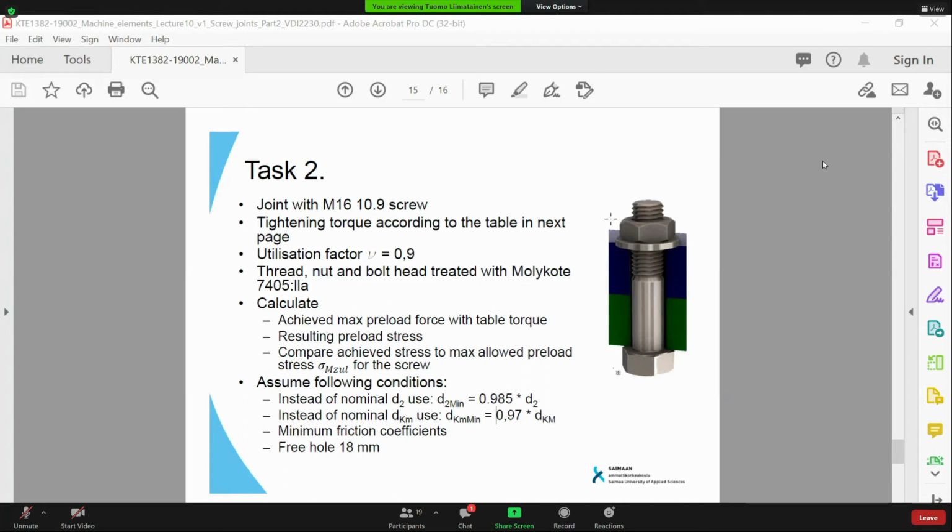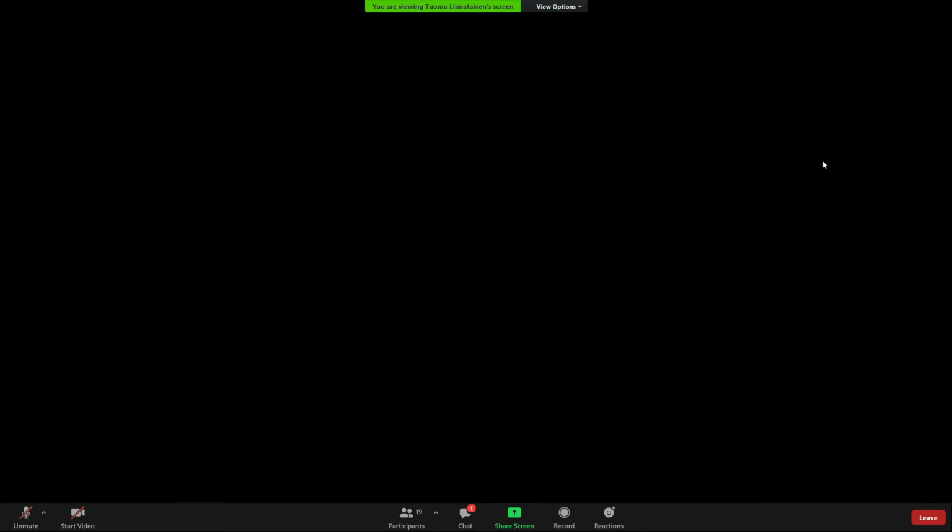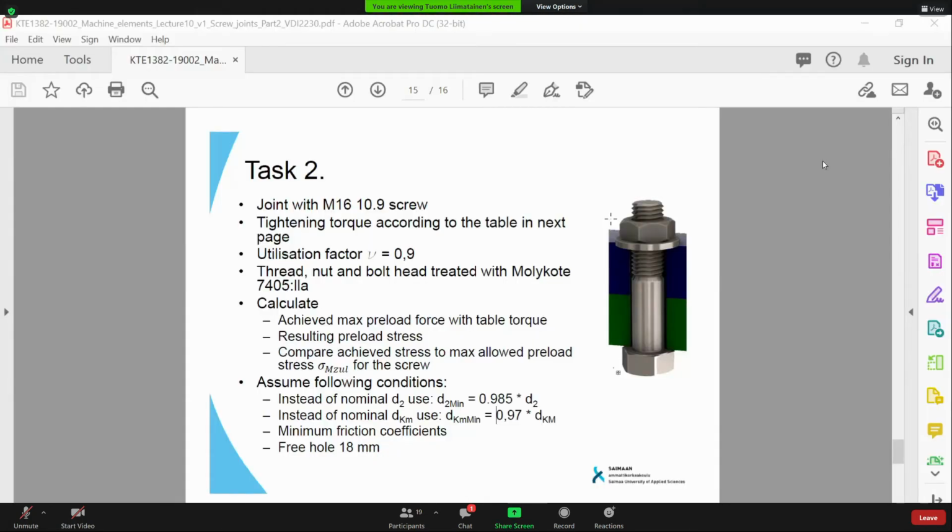So the way we can control friction is to oil the screw or bolt somehow, or just coat it? Well, oiling is one option, but also there, if you want to be really sure, you will need to do tests with that particular bolt type, with that particular washer type, with that particular oil type that you are using, and still there might be some variation, because there is always variation between manufacturers' components on the frictions.